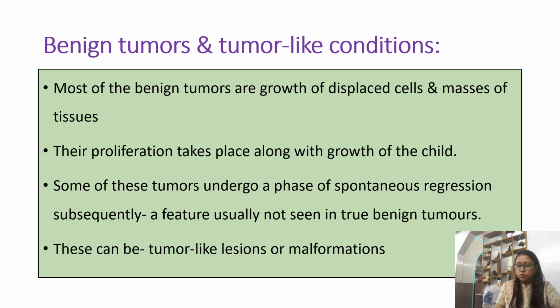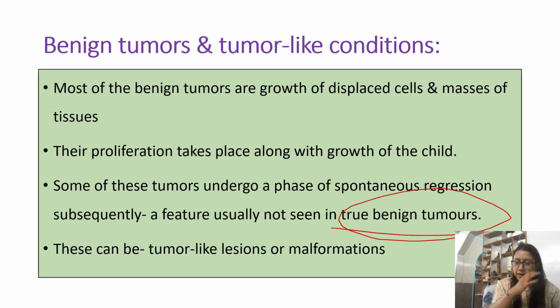Now, some points about the benign and tumor-like conditions which are seen in this infancy and childhood period. Most of these benign tumors are growths of some displaced cells or mass of tissue. With the growth of the child, these cells keep on proliferating, and sometimes these tumor masses can undergo self regression or spontaneous regression, which is not seen in true benign tumors.